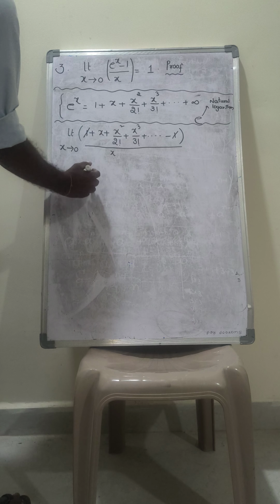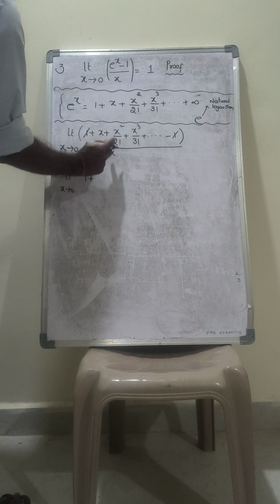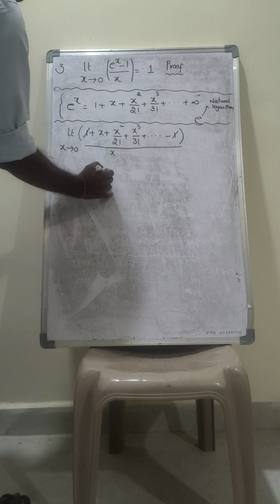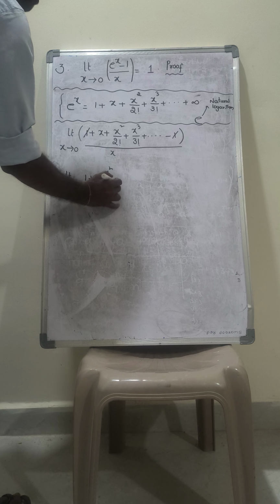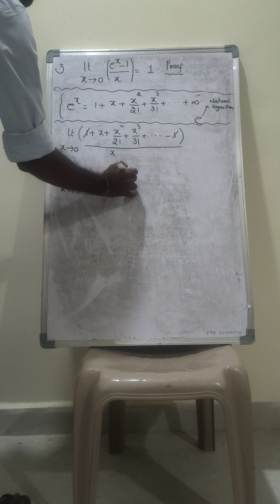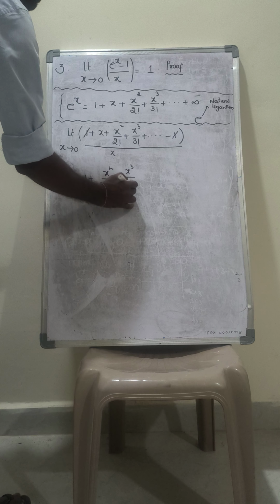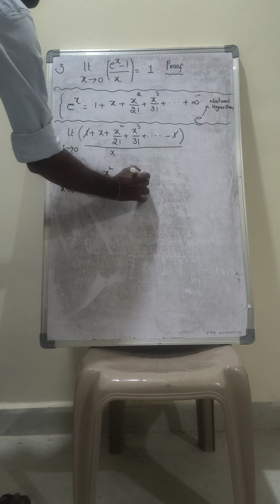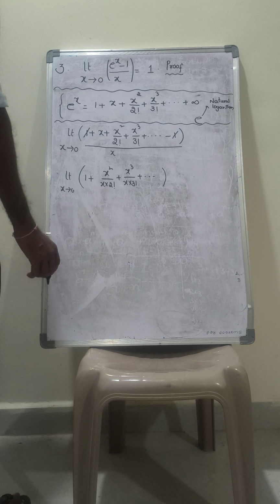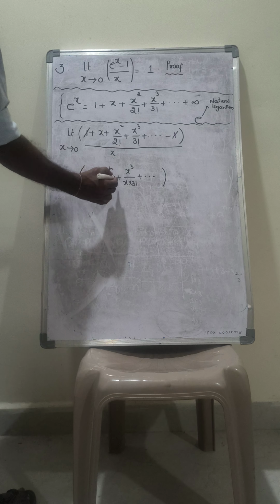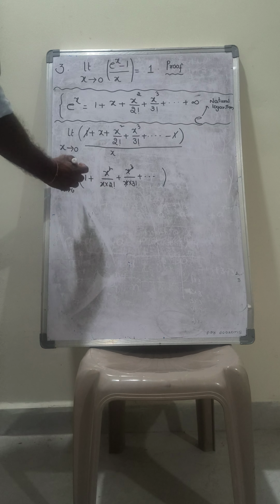So here x by x is 1. Here x square by x into 2 factorial. Next x cube by x into 3 factorial, and so on. So what are you going to get?